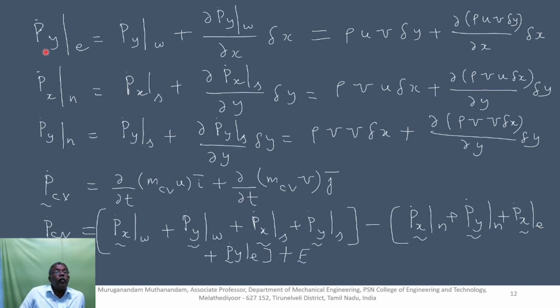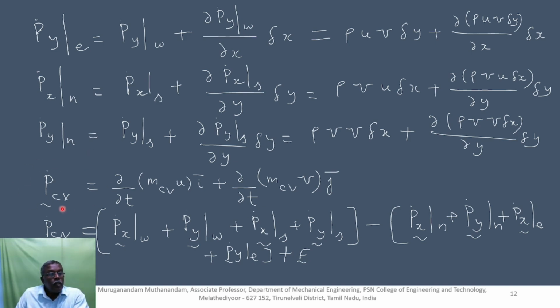Similarly, the momentum flow in the y direction on the east wall is written using the momentum flow in the y direction on the west wall with the first order Taylor series expansion, as shown here. Momentum flow in the x direction in the north wall and momentum flow in the y direction in the north wall are written using first order Taylor series expansion and the corresponding momentum inflow rates.